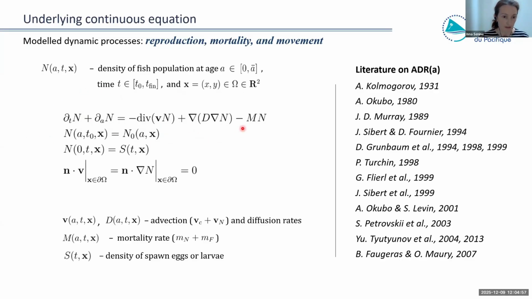This equation is complemented by the initial conditions for density and boundary conditions. The reproduction term S is represented by the boundary condition at age 0.